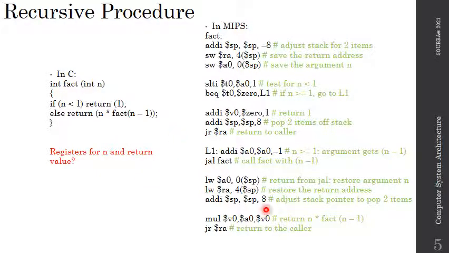Last thing to do, now that I've popped the original value of A0, all I have to do is multiply it with the V that I got from the previous call, all the way to the first one. Fair enough. Multiply and put it in V0. Now I can go back to the original return address that I saved on the stack earlier.